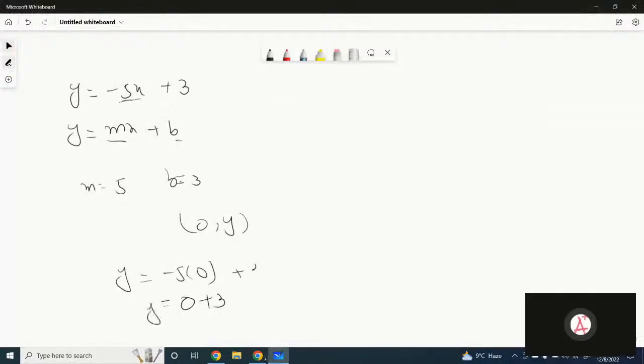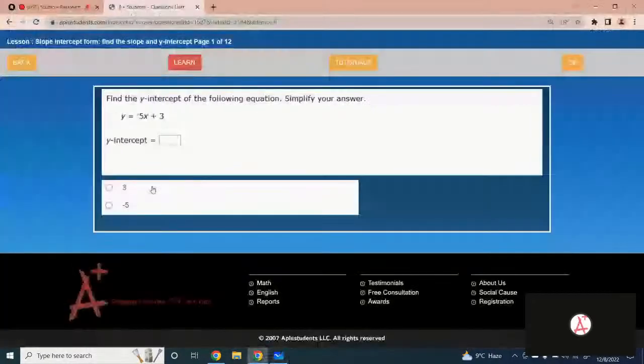So 0 plus 3 is 3. That is the easiest way to find the y-intercept from the slope intercept form. Got it now? So y equals 3. Just select the correct option and click on the OK button.